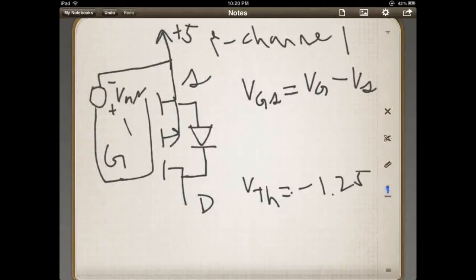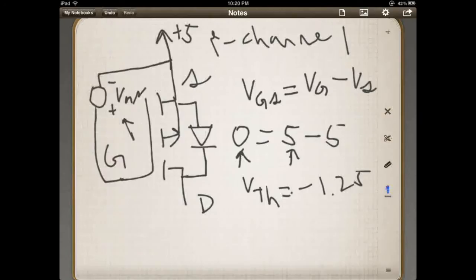Because this is connected the way it's connected, I'm going to have 5 minus 5, it's going to equal 0. So if I put 5 volts as the gate voltage, I'm actually going to get 0 volts gate to source, which turns this off. So it's the reverse. A high turns it off instead of a high turning it on.